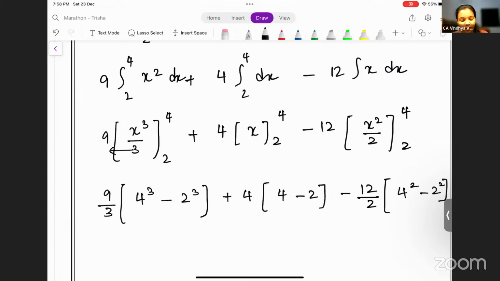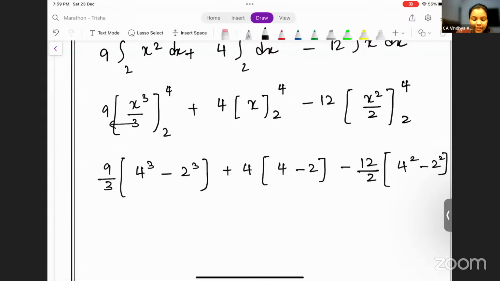Okay, yes. So 4 to the power 3 is 64 minus 8, 56. 56 into 9 by 3, 9 by 3 is 3, that is 168, plus 4 minus 2 is 2, 2 into 4 is 8 minus 12 by 2 is 6, 4 square is 16, 16 minus 4 is 12, 12 by 2 is 6, so minus 72.